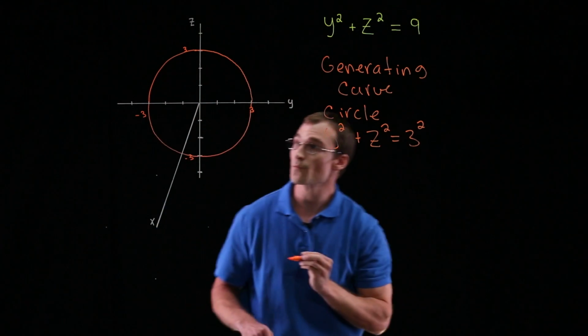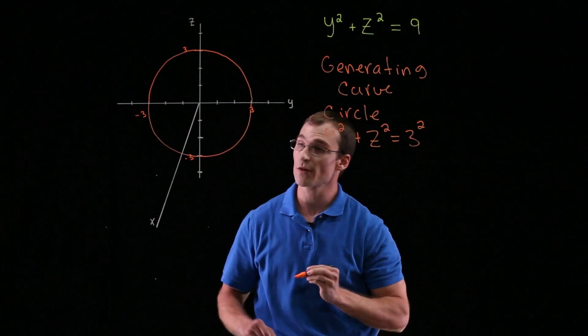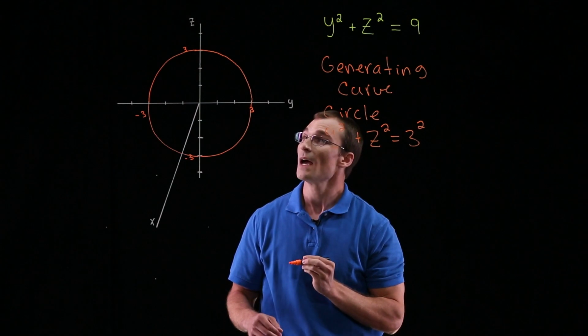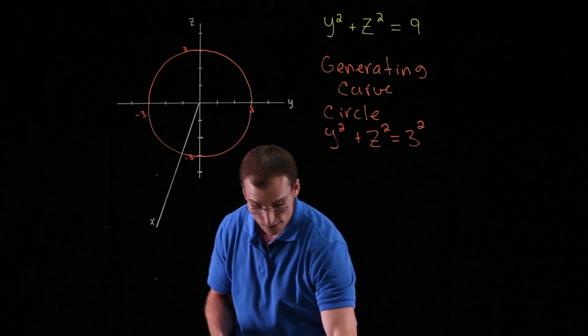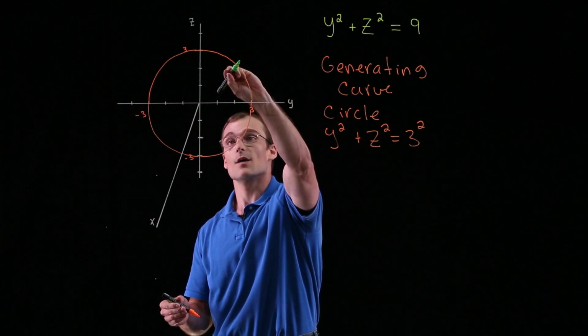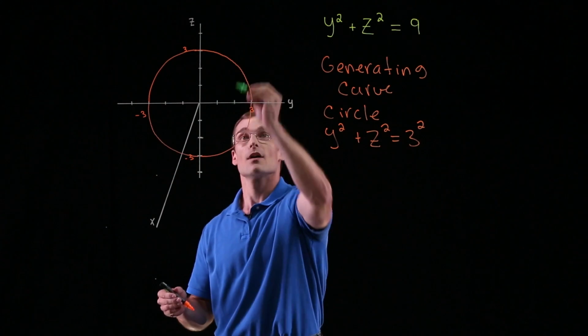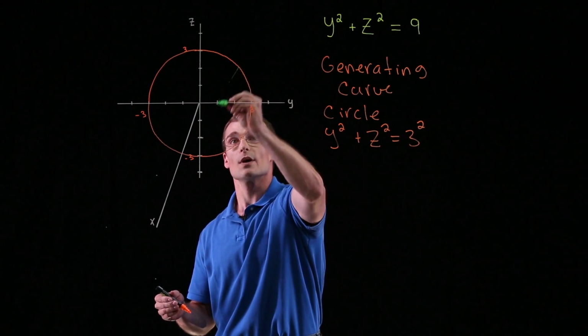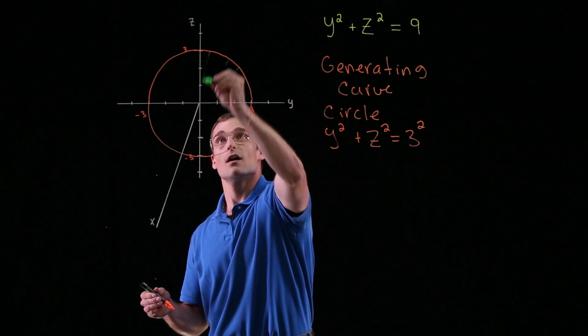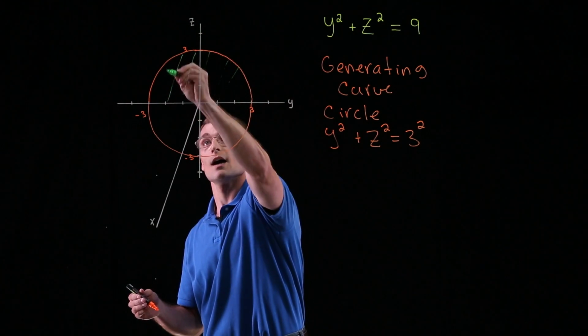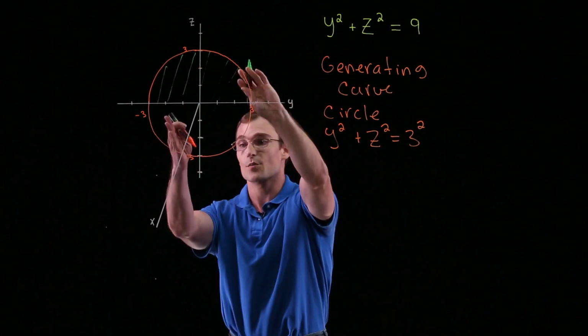There we go. So in the YZ plane, there's our generating curve, our circle at the origin. And we said from that, we have ruling lines coming out at a perpendicular angle. Right? So through every single point on this curve, I'm not going to draw them too far yet. They're going to project out.